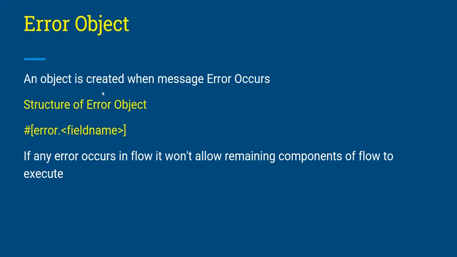Whenever an error occurs in your flow, that error object is created. But in a success scenario, you cannot see this error in your data view. While debugging your application, you will see this Mule message error object if you have any errors in your flow. We will see that later once we have started the hands-on session.